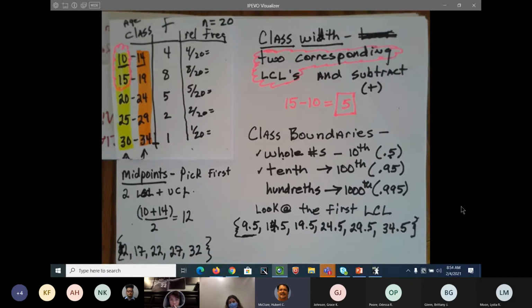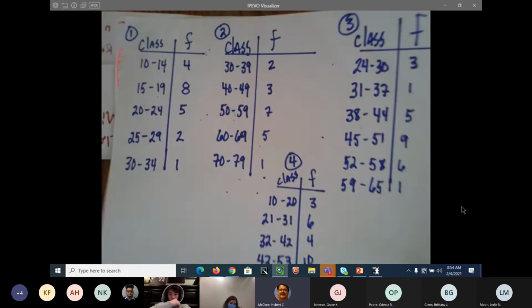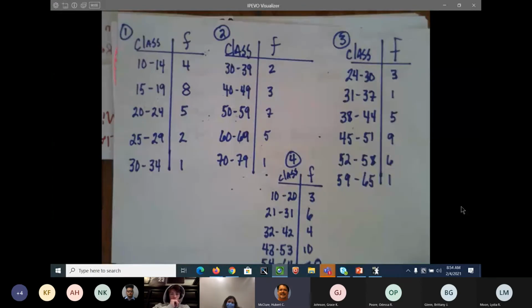So there should be no reason, besides LAD, that you can't do all of this by the test. For those that didn't print out the extra problems, there you go, or draw them. Go ahead and copy that one down, and we're going to do that one.